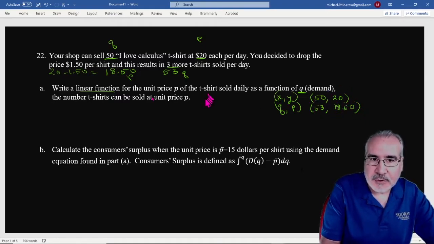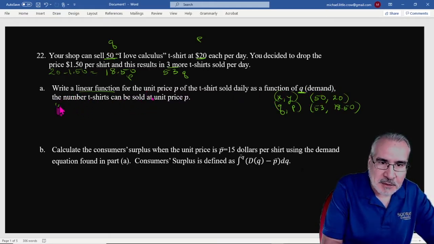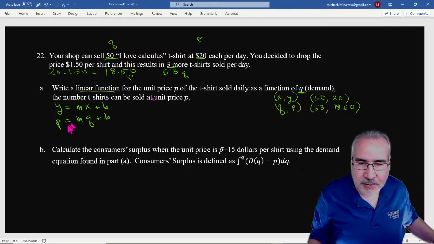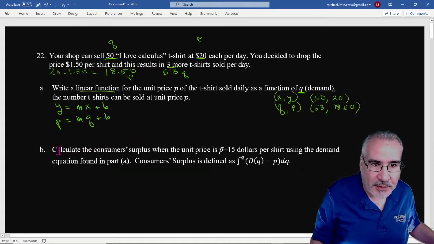Okay, and we're assuming this is linear. So we've got y equals mx plus b from memory, right? So let's change this. What is our x? Our x is Q, so that's going to be mQ plus b, and the y is our P. So just for the variables, we've got to define them in terms of what we're comfortable with.